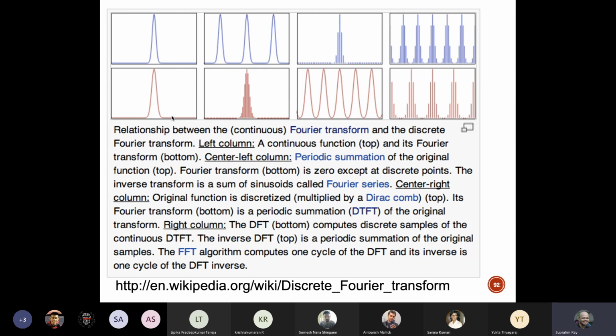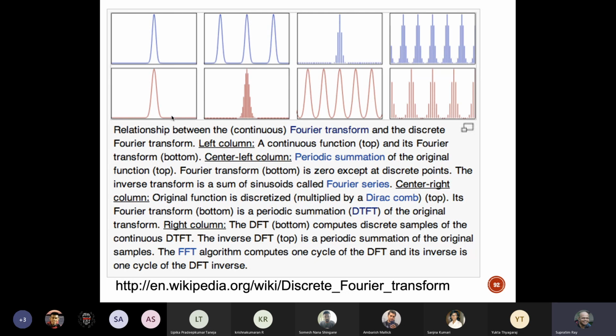If you have a continuous and aperiodic signal, shown on the extreme left here, then it's the Fourier transform. Then you take the Fourier transform, which also gives a continuous signal back.